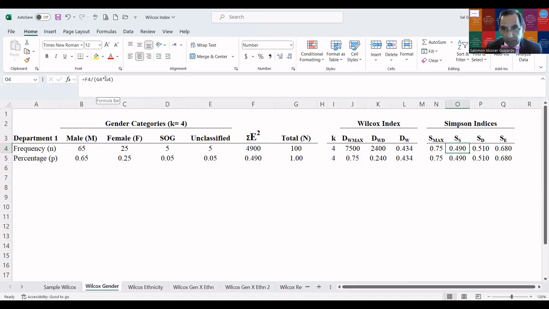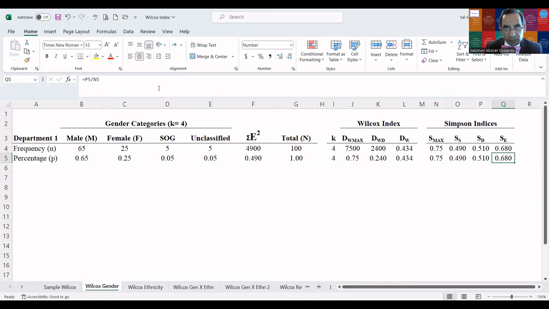The Simpson similarity score is 0.490. When you subtract that from 1, that gives us a diversity score of 0.510. When you divide the 0.510 by the maximum score, that gives us a diversity evenness score, a standardized score, of 0.68.